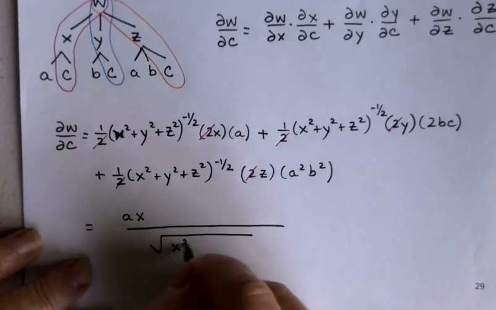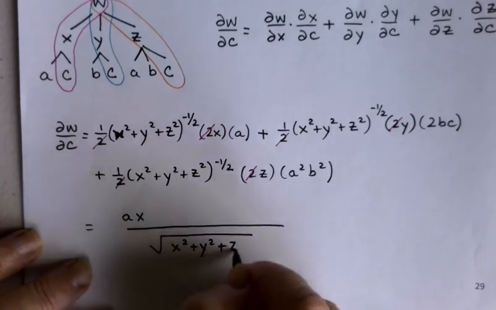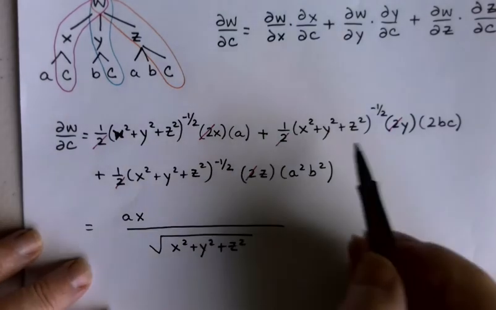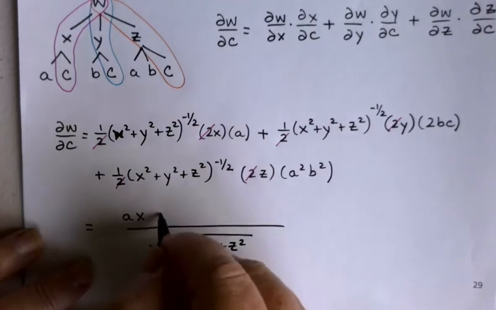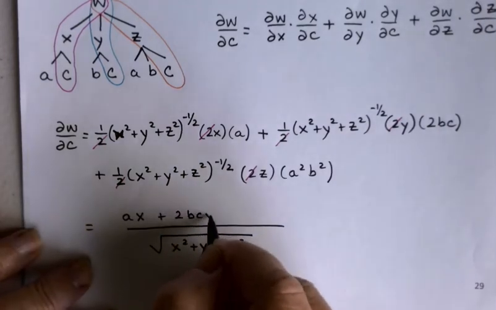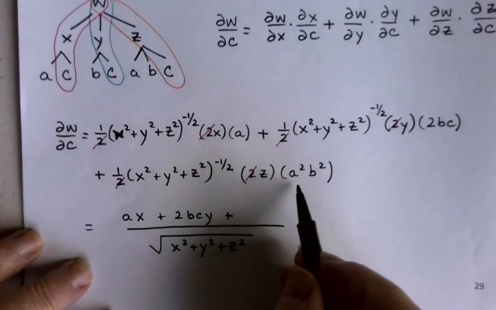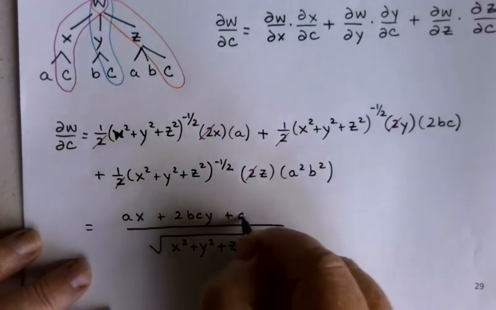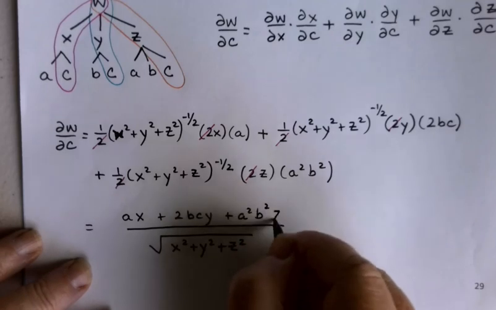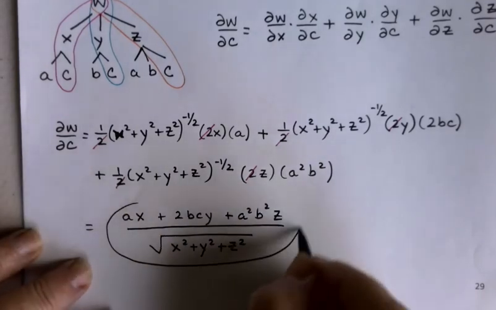Square root of x squared plus y squared plus z squared. So that's taken care of. This would be a plus 2bcy. And this last one would be a plus a squared b squared z. And so there's my derivative.